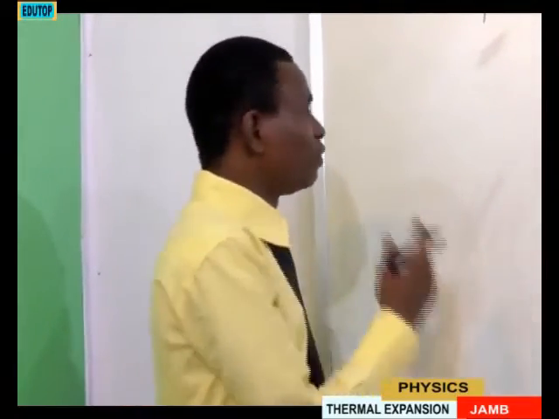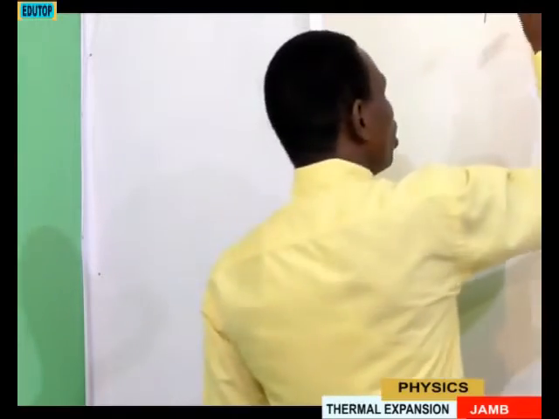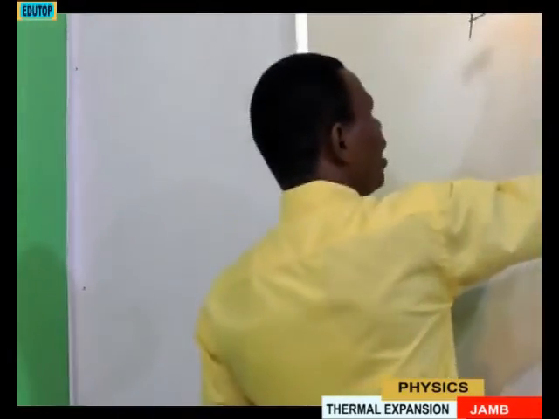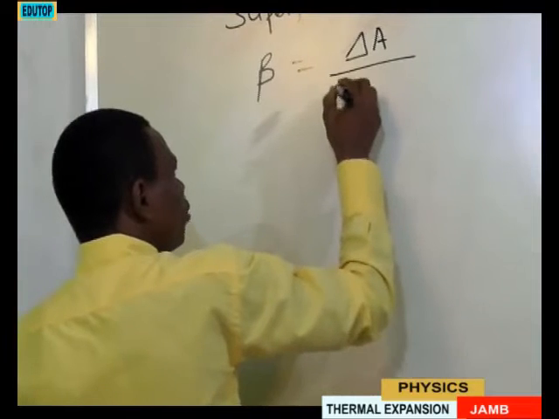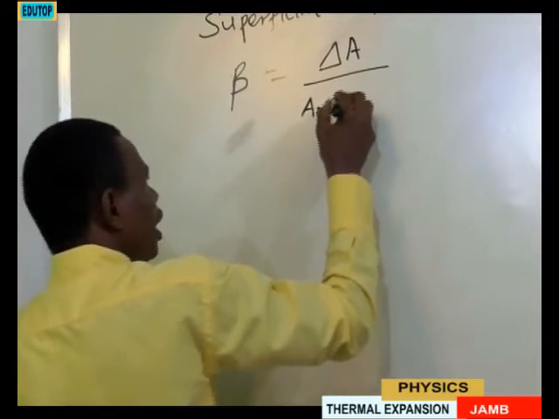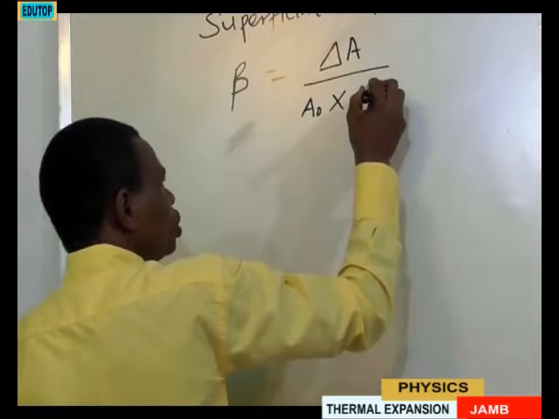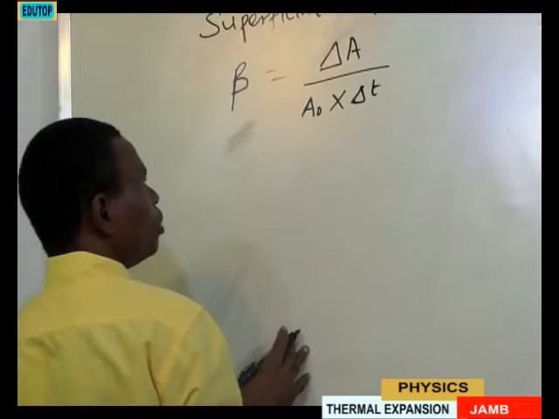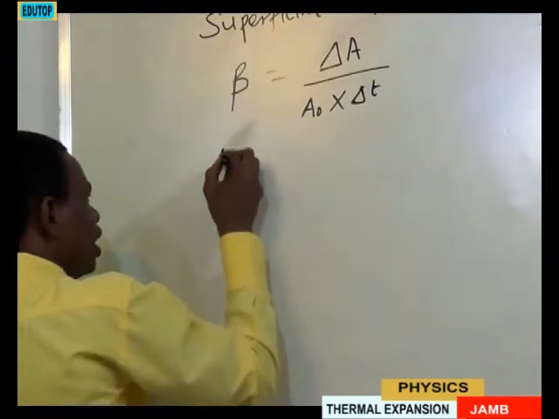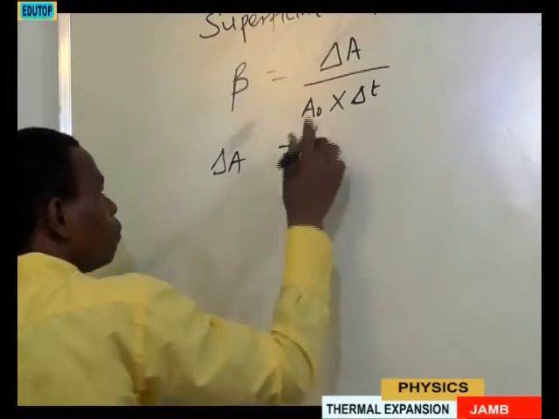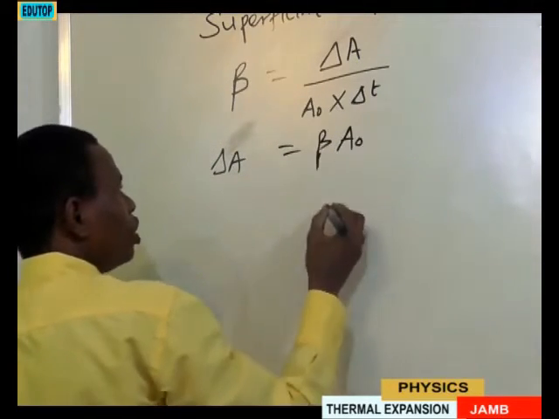Superficial expansivity or area expansivity is defined as the increase in area per unit area per degree rise in temperature. The same thing, which is equal to increase in area per unit area, which is original area, times change in temperature. The change in area is equal to beta, original area, change in temperature.